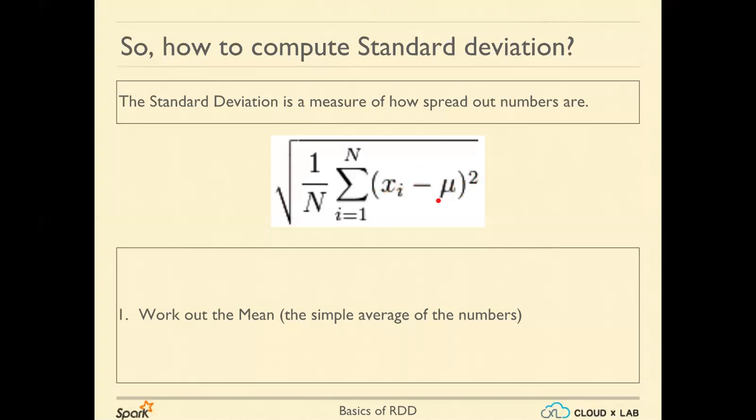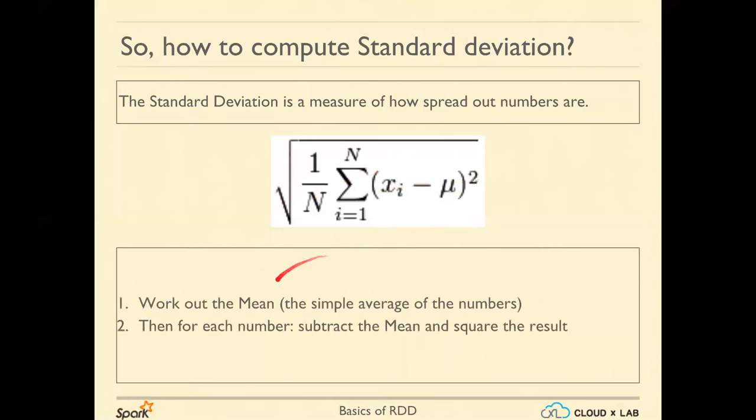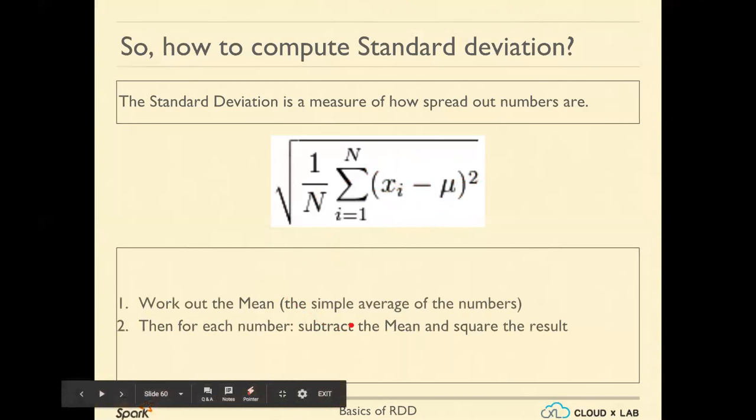So we have done the computation of the mean. We can subtract that mean from each number, square each number, and then using reduce, we can sum it up. So we work out the mean. Then for each number, we subtract the mean and square the result.